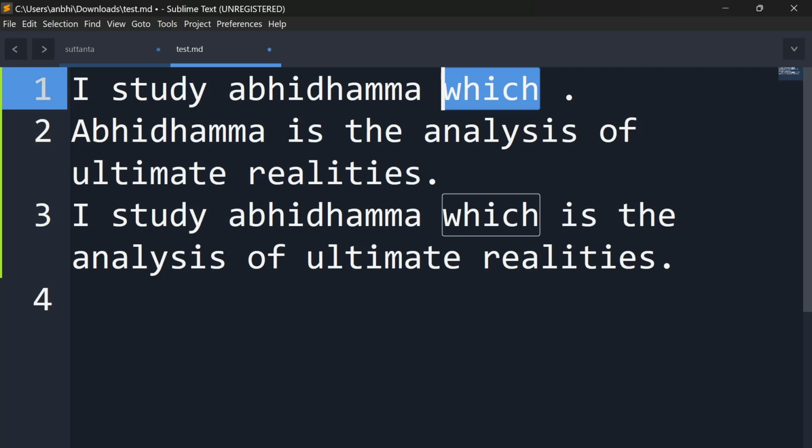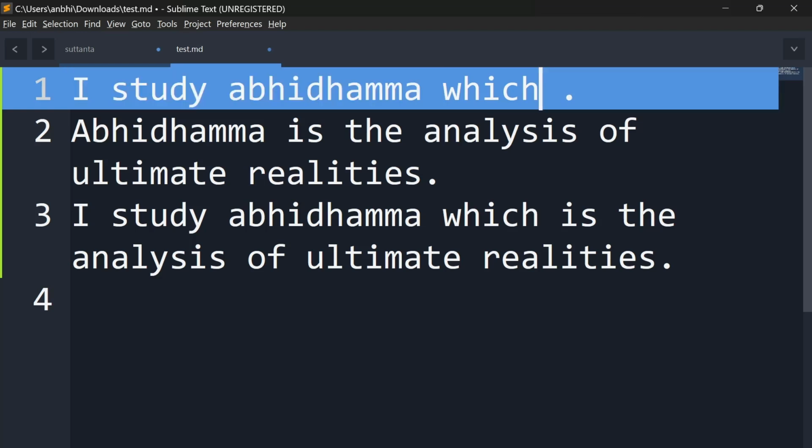Okay? And it begins a relative clause. A new clause, but it's called a relative clause because it begins with a relative pronoun. It looks a bit like it, yes, but you cannot use it over here, okay? I study Abhidhamma, in this case, which, and now which is your subject.